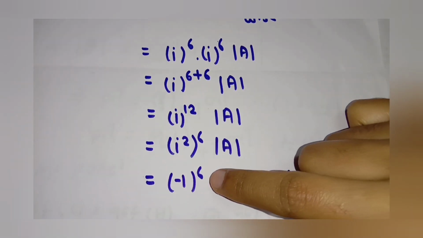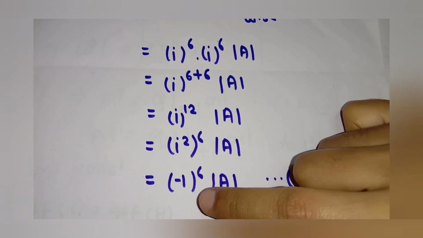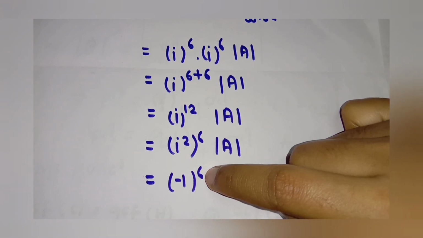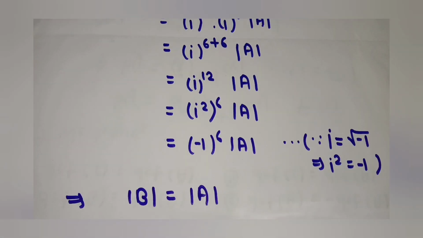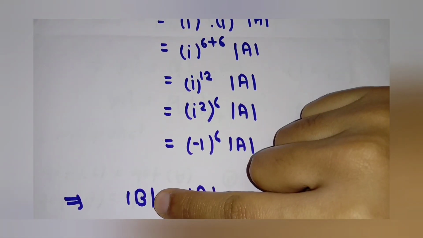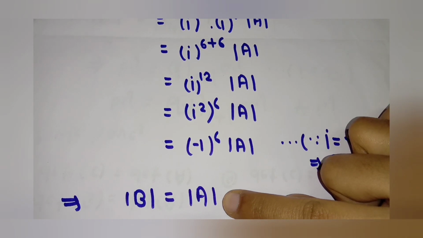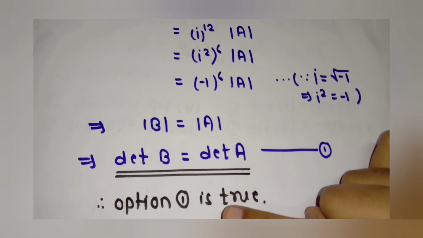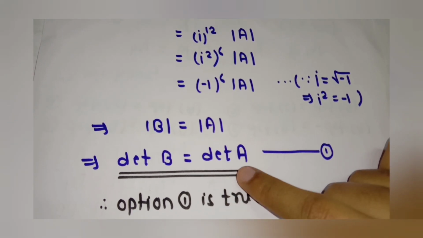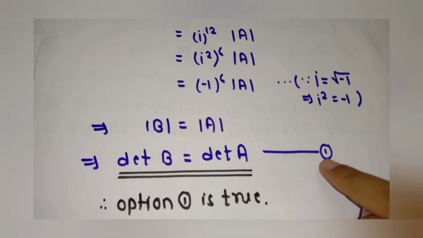Minus 1 raised to an even number is 1. Therefore minus 1 raised to 6 is nothing but 1 into determinant A. That implies determinant B equal to determinant A. Therefore option 1 is true and we denote this condition as equation number 1.